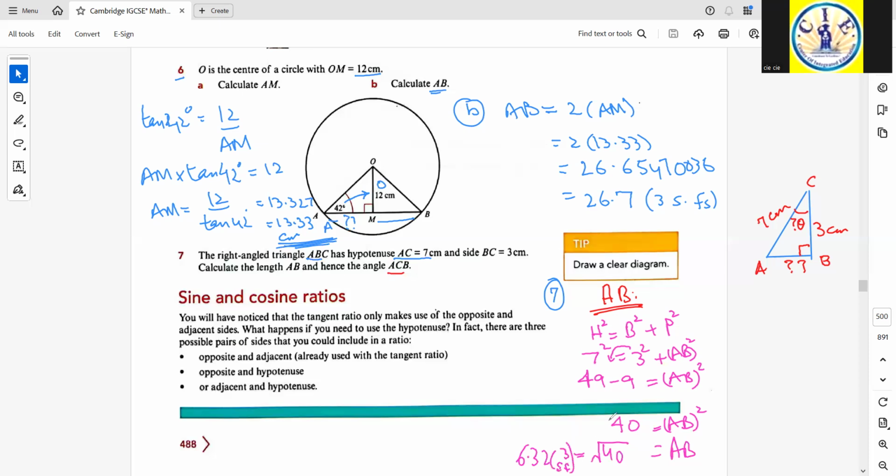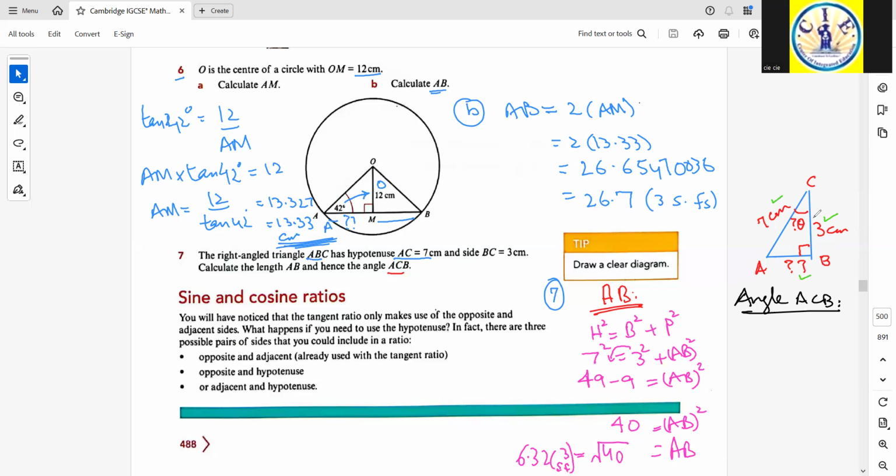Okay. Once we have calculated this, now we need to calculate the angle ACB. For that, even though I've got the side AB now, it's better and recommended to use the sides that were given in the question originally.